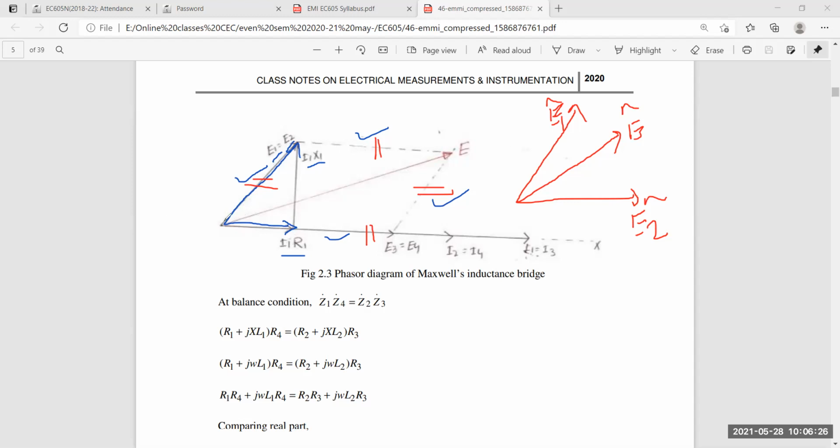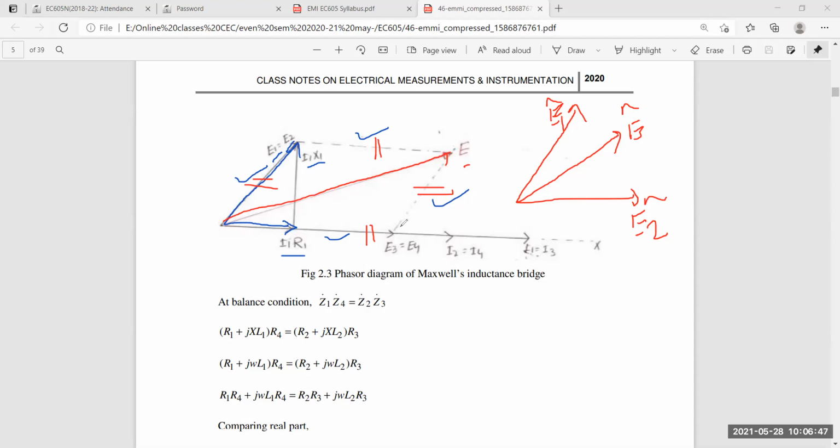This middle line I have drawn up to here is also written here as E. It's the resultant value. And the other two that I have drawn are just to make the diagram, parallel lines. With this one I have drawn this parallel line and with this one I have drawn this parallel.